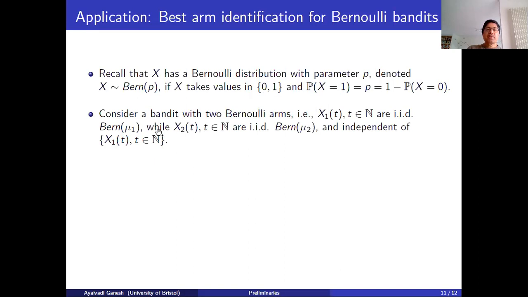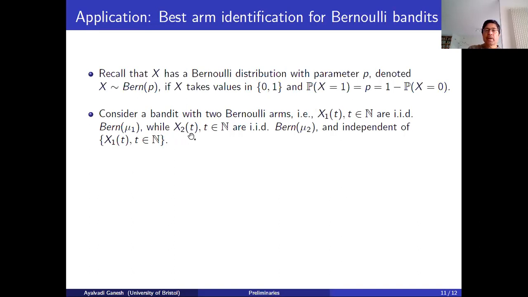So now let's consider a bandit with 2 arms, and the rewards on the arms are Bernoulli random variables. So what do we mean by that? x1t, the reward on arm 1 if you play it at time t. These are IID random variables, Bernoulli with parameter mu1.